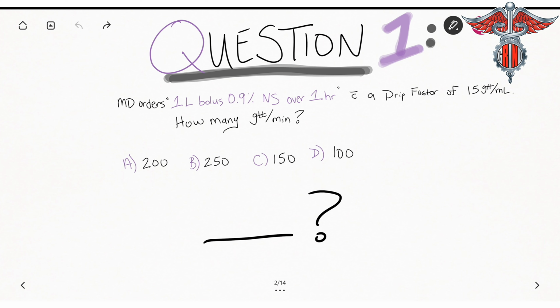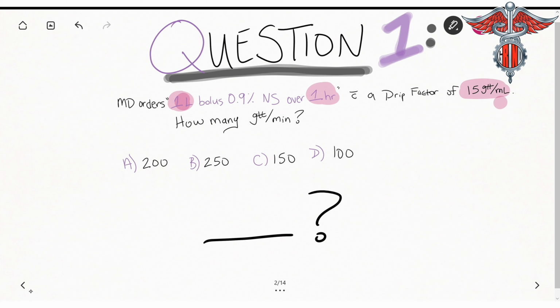Remember, I said we're going to be given information. It's usually going to be in the form of volume, time, and a drop factor. And sure enough, that's exactly what we have. We're given our volume of 1 liter. It's going to be given over 1 hour. That's our time. And here we have a drop factor of 15 drops per mil.